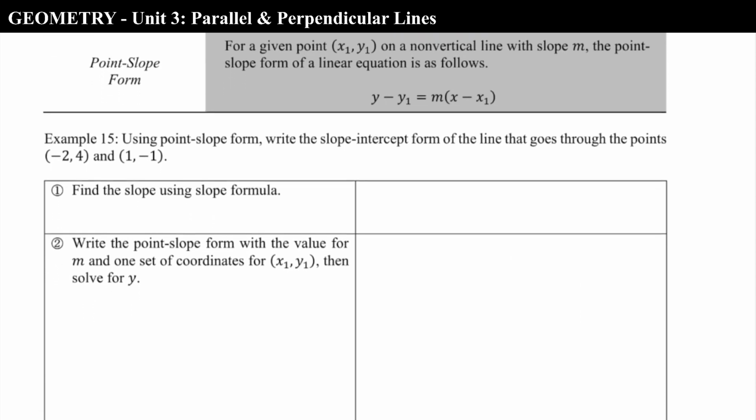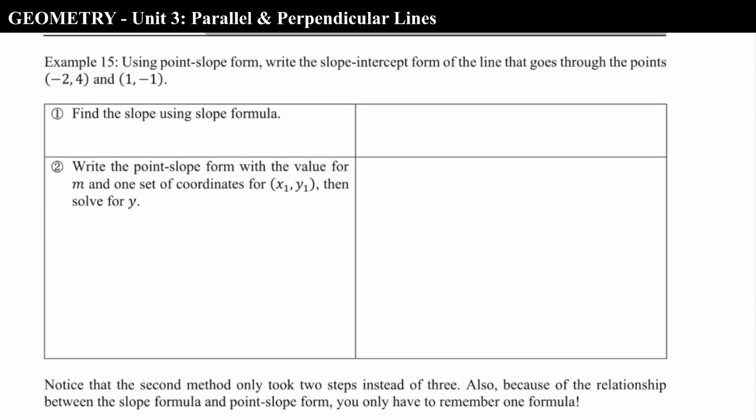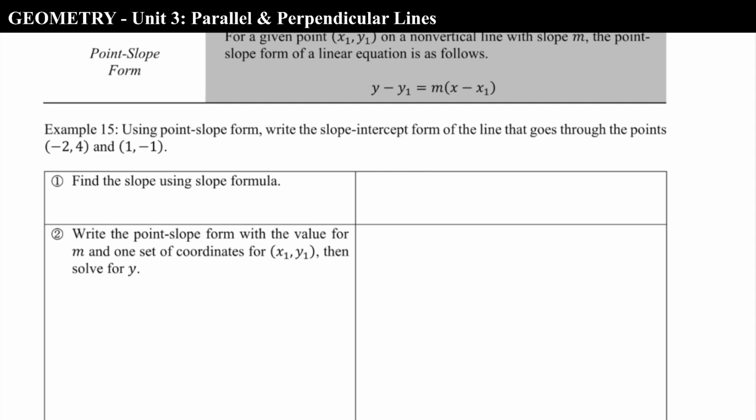So if we have 2 points, which again are the same 2 points that we used before, we're going to first find our slope, and this is just a repeat of the problem before. This looks exactly the same, at least this part of it does. -5/3 was our slope.